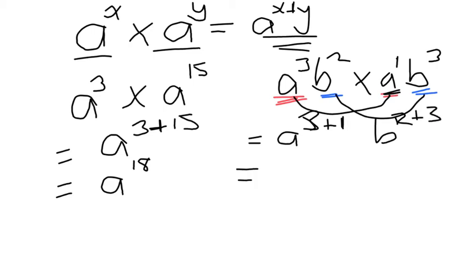So what does our answer equal? It's a to the power of 4 and b to the power of 5. So you can see that when we've got an extra variable or an extra base, we start grouping our like terms.